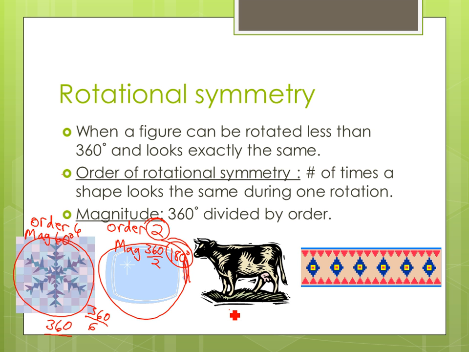The cow, if we rotate it around in a circle, the number of times it's going to look exactly the same as it started is just 1. So to find the magnitude, 360 divided by 1 is just 360 degrees.